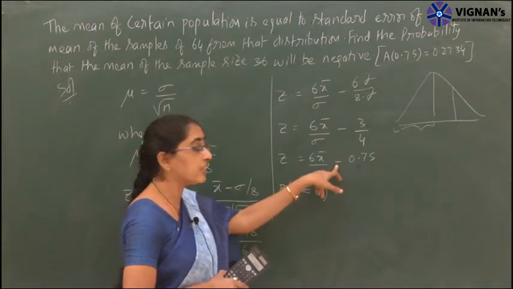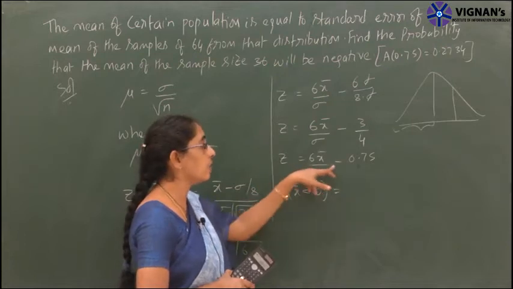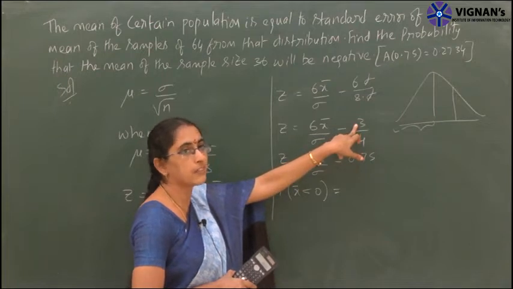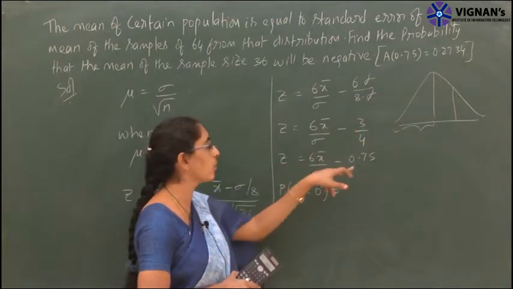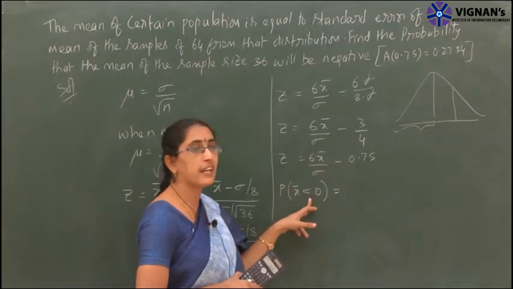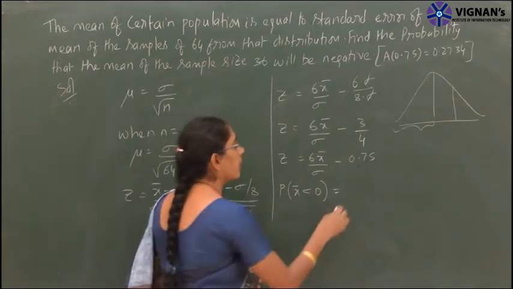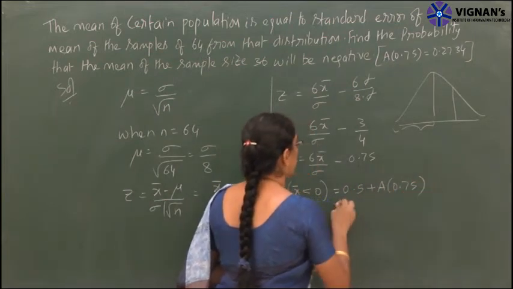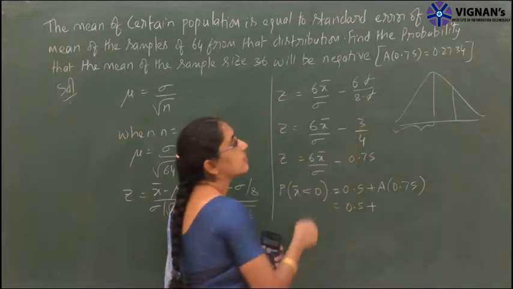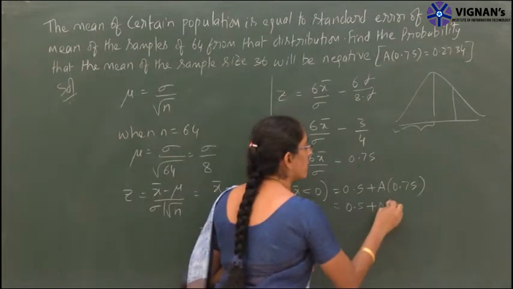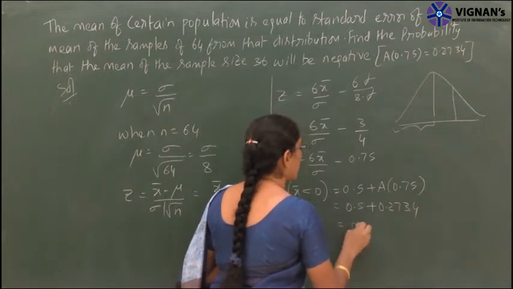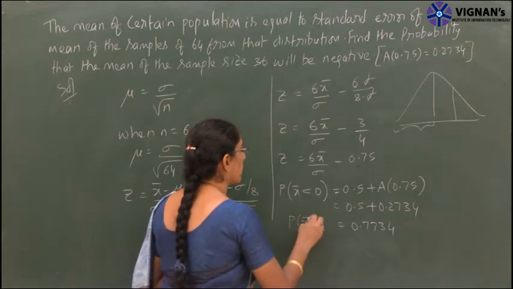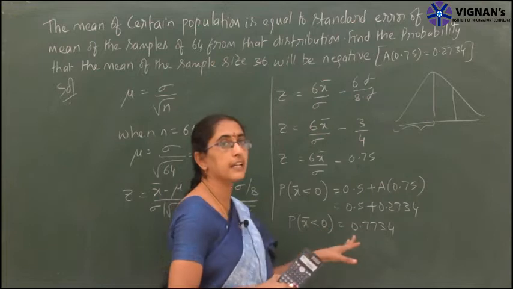If you were getting minus 3 by 4, then ultimately it would be negative, but here it is only plus 3 by 4. So this is positive, and here we are finding the left tail. So the formula will be 0.5 plus the area value of 0.75. That is 0.5 plus the area value given as 0.2734. So that means 0.7734 here.